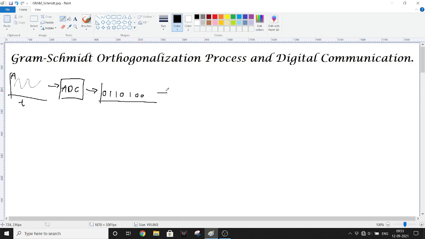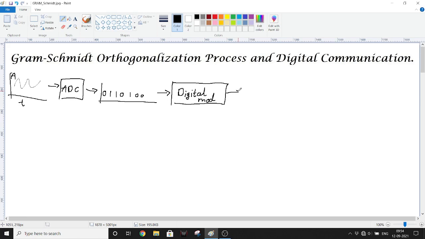And these again have to be transmitted on an RF platform, that is, again in the analog domain. To convert that we use digital modulation techniques. Such modulation techniques are what we are going to look into in today's video.